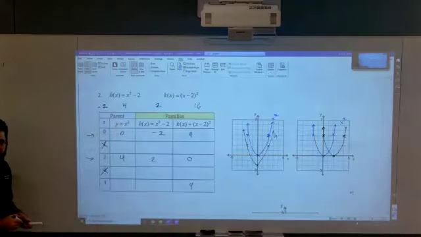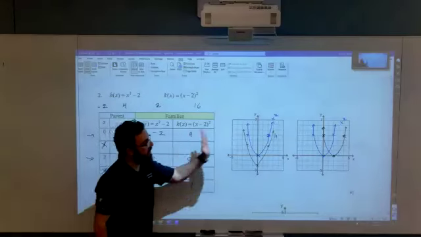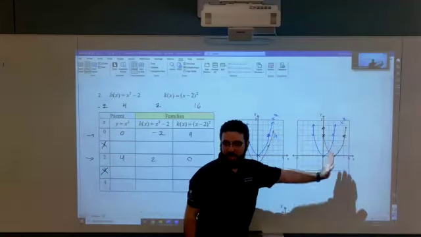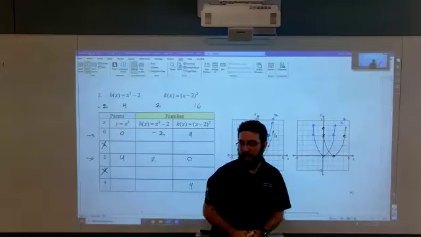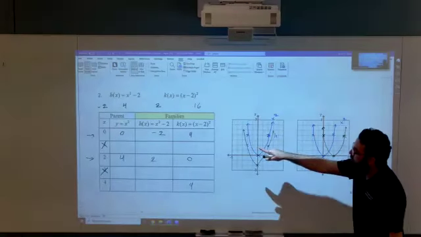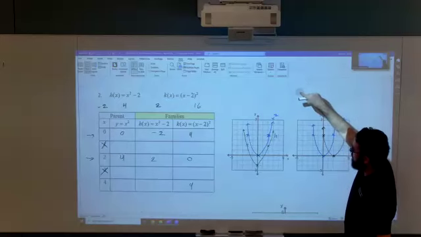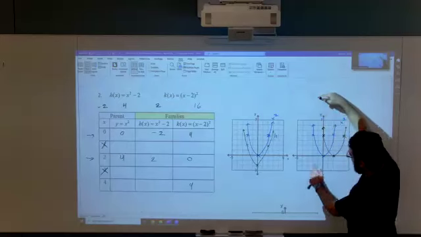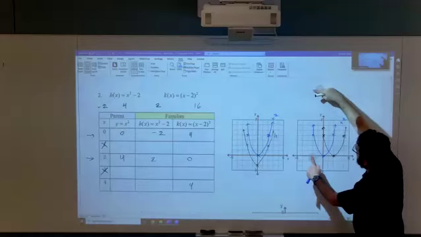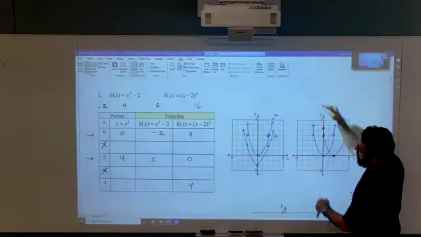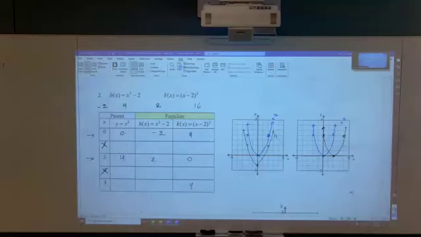Got it? That's why I prefer you graph the basic function and do the transition on it. Figure out how it looks, because the first point here, 16, is going to be really way off of the graph.